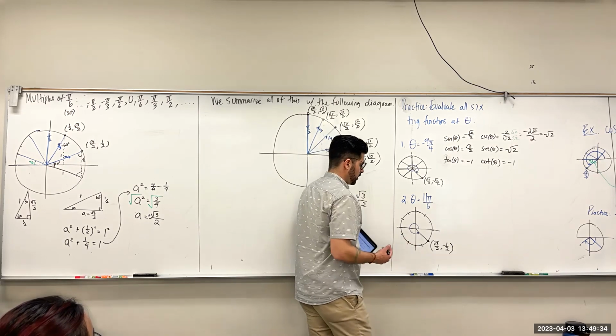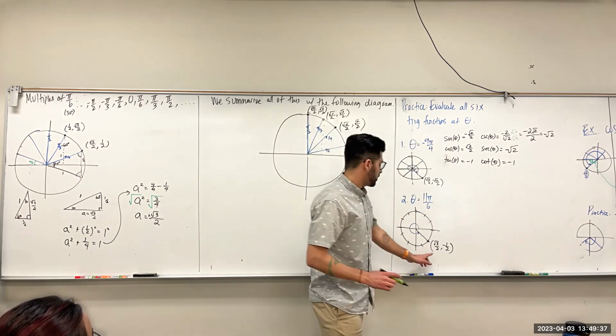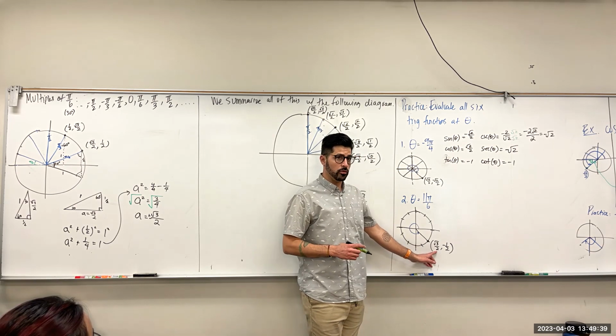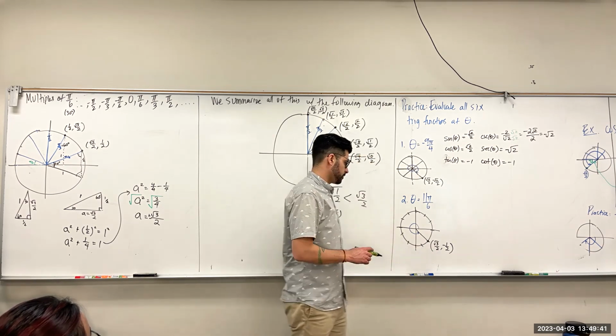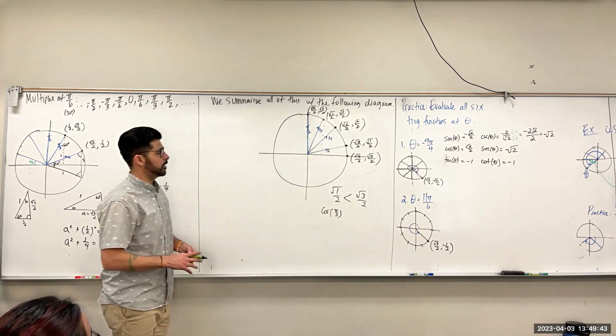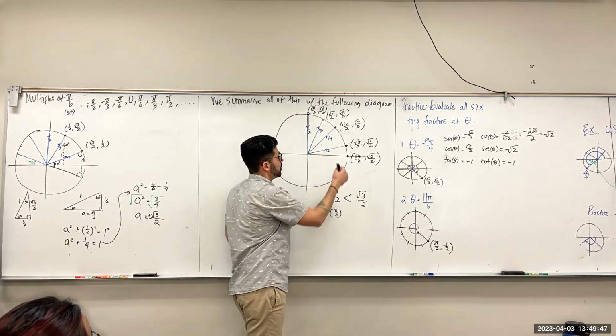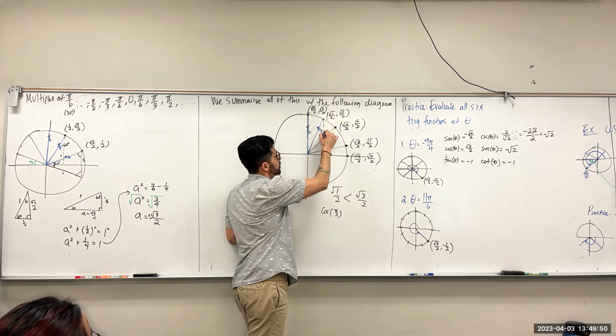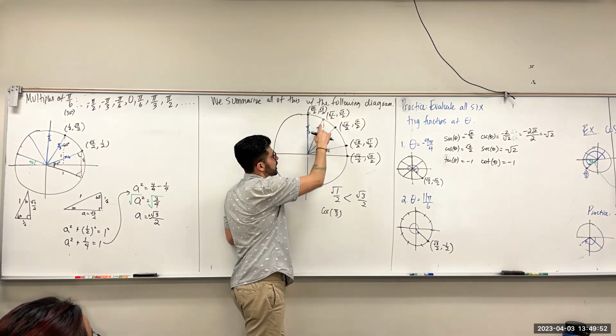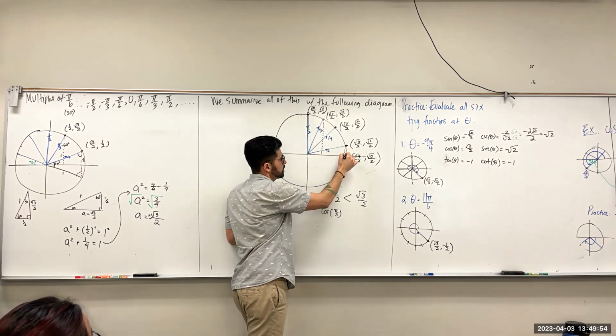And then there was a question on how do I know if it's the 1/2 or the √3/2 first? Okay. There's multiple ways to answer it. One answer that I was giving the student was for pi/3 and pi/6.